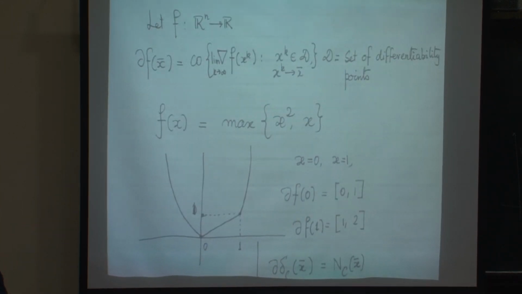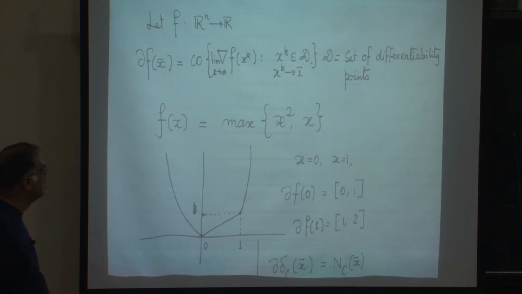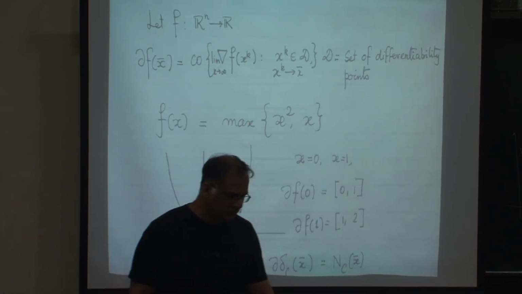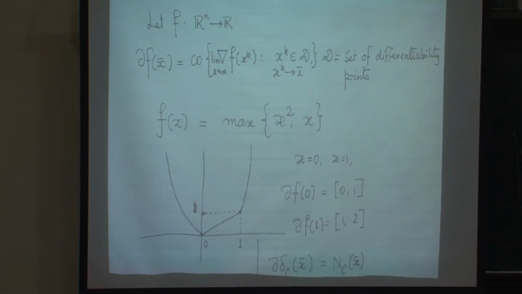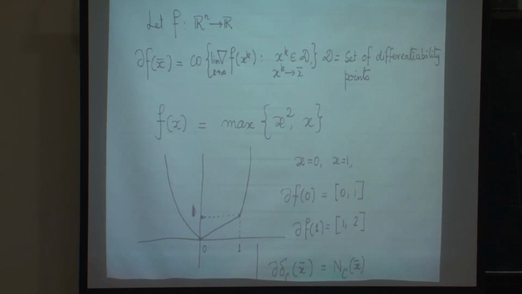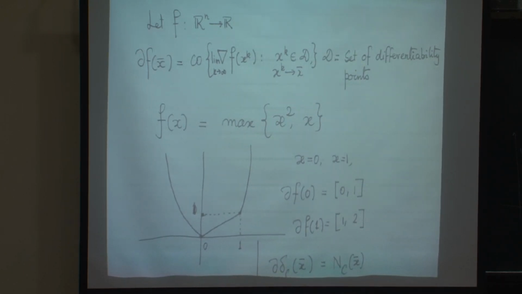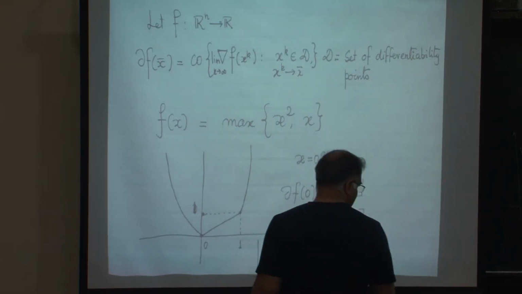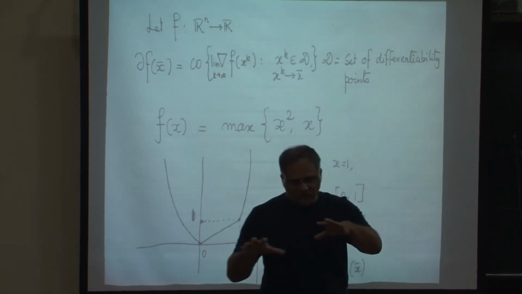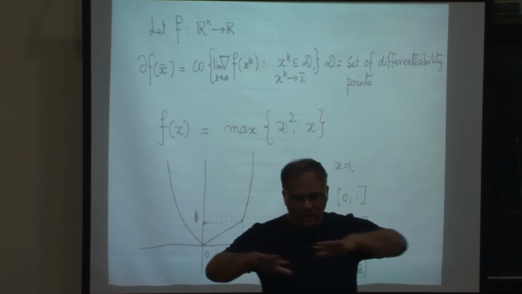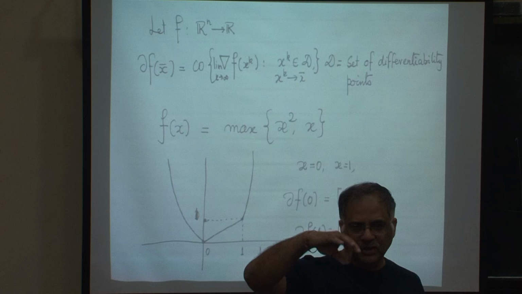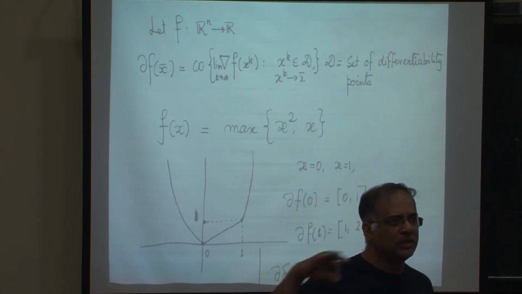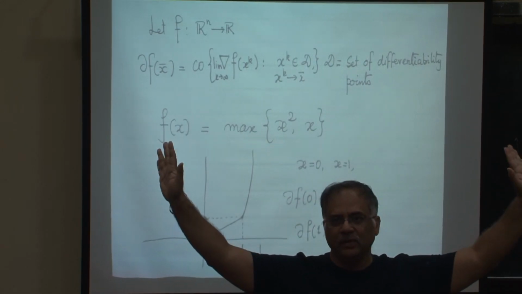Now, another way of finding the subdifferential. This is the most practical way to compute subdifferentials at various points. A convex function, say on Rn or R2, is not differentiable only at a few points, and it is differentiable everywhere else.